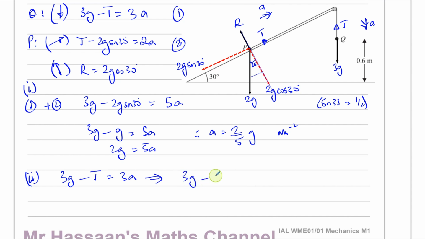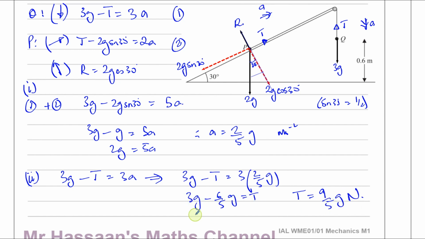So 3g minus T is equal to 3 times 2 over 5g. So 3g minus 6 over 5g is equal to T. So T is equal to 15 over 5 minus 6 over 5, which is 9 over 5g newtons.